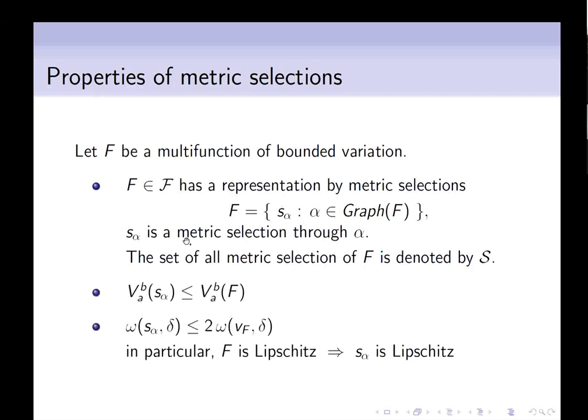We also prove they inherit the regularity properties of F. They have variation bounded by that of F, and they inherit the modulus of continuity of the variation function. But there is a connection between the variation function and F itself. So in particular, if F is Lipschitz, then its metric selections are also Lipschitz with the same constant. So they are good in this sense.